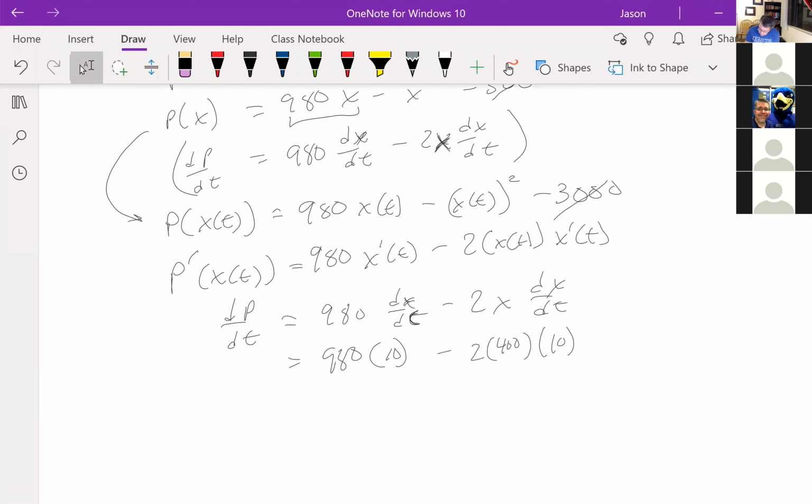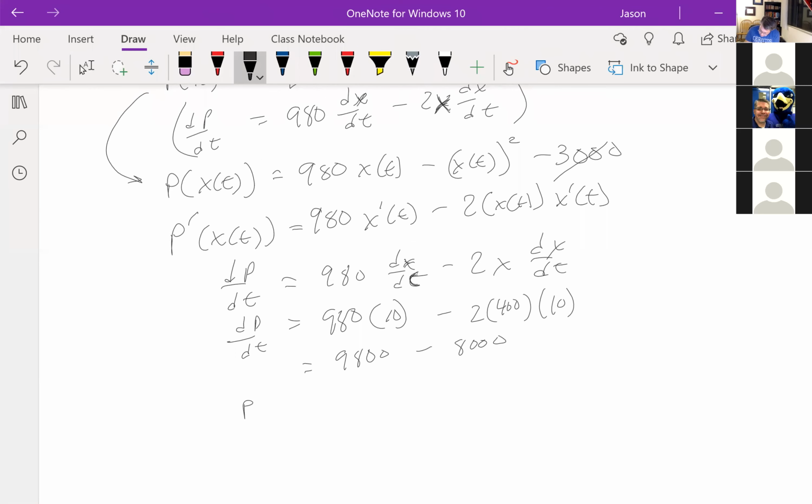So we have dp/dt is equal to 980 times 10, that's 9,800, minus, this thing is 2 times 400, that's 800 times 10, that's 8,000. And so dp/dt is equal to 1,800.